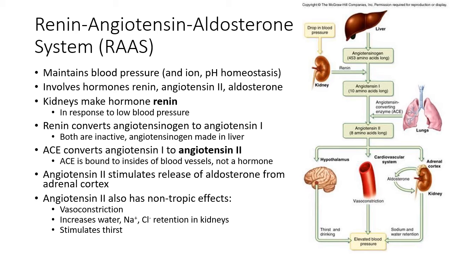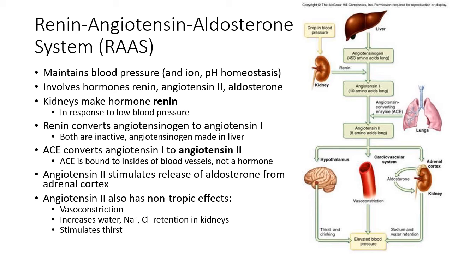Then once aldosterone is released, that of course has the effects on the kidneys that we just talked about. One of those effects is to increase water retention. Anytime you have less water leaving the body and you're still drinking, you're going to get more volume in the body, ultimately of water, and that will increase the blood volume and that increases blood pressure. So if you have aldosterone released, one of the indirect effects would be to increase blood pressure.